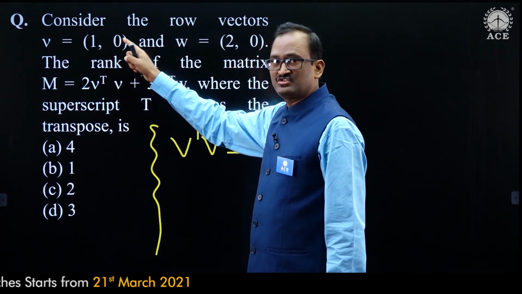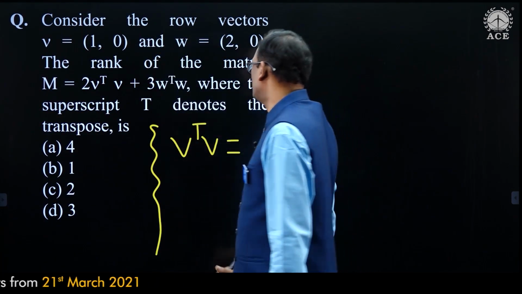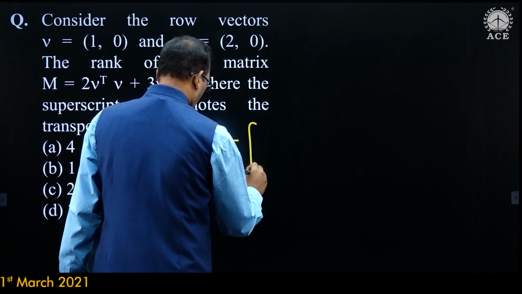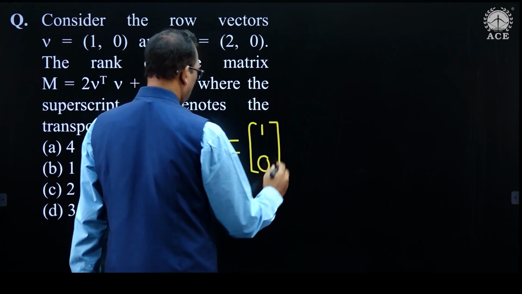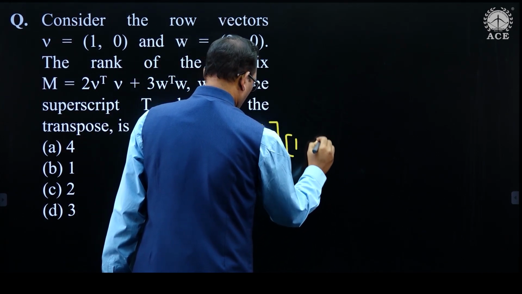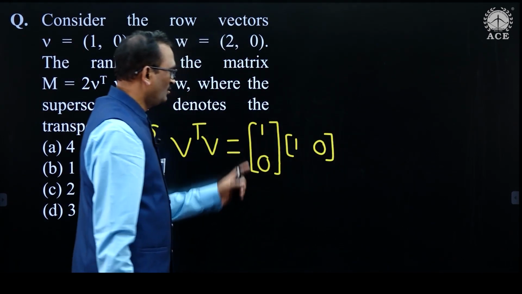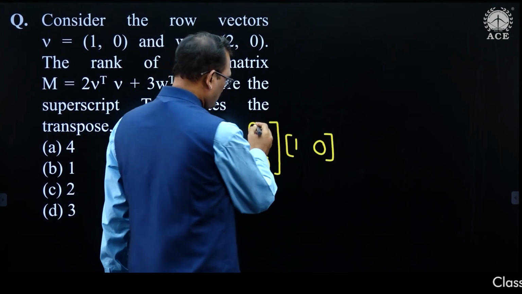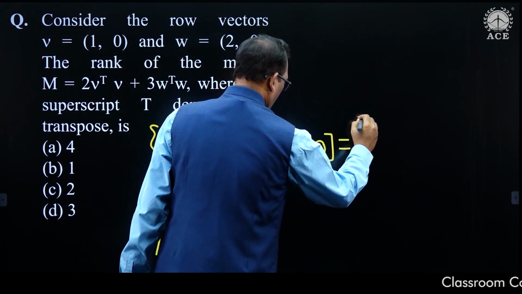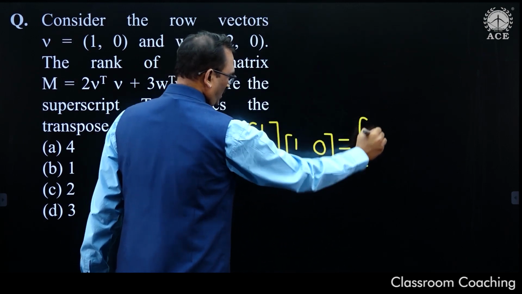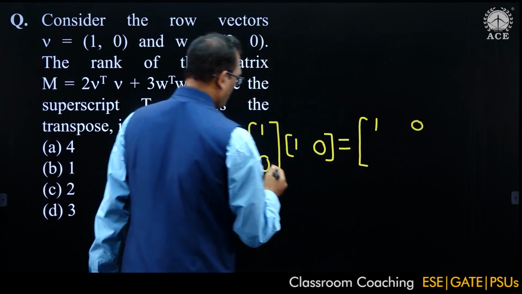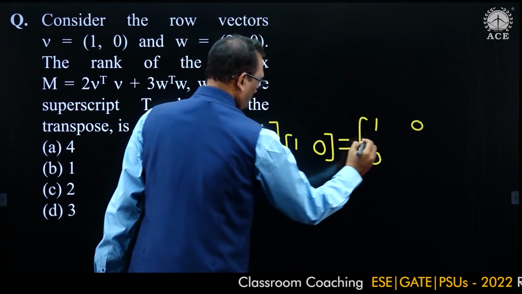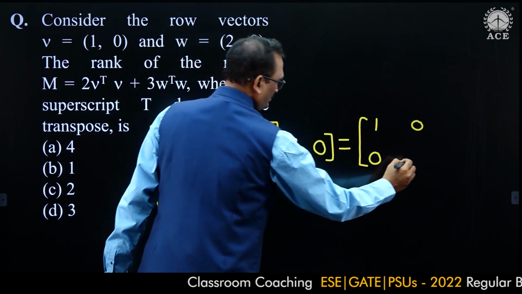V is a row matrix of 1 comma 0. V transpose is column matrix of 1 comma 0. V is a row matrix of 1 comma 0. Now multiply these two matrices. 1 into 1 is 1, 1 into 0 is 0, 0 into 1 is 0, 0 into 0 that is 0.